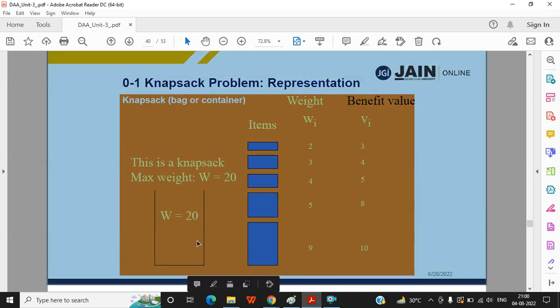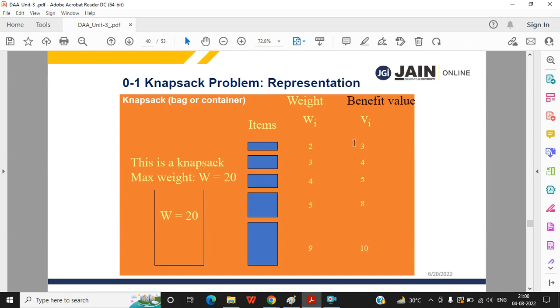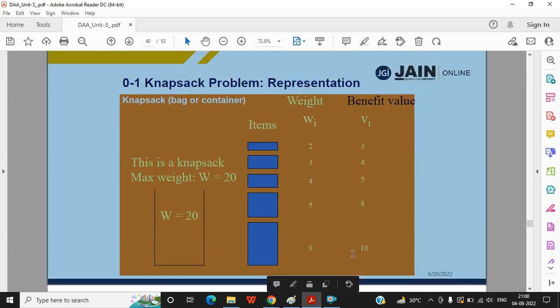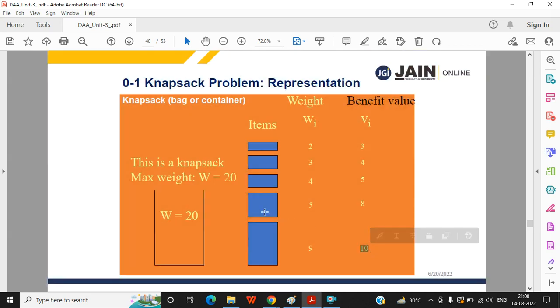Now see, these are the values of these items. This item costs 10 rupees. This item costs 8 rupees. So how will the person select from these items to put inside the bag so that the total weight does not exceed 20?